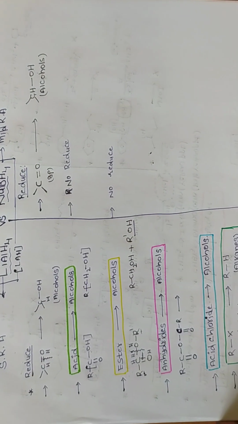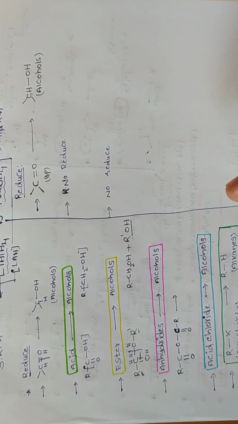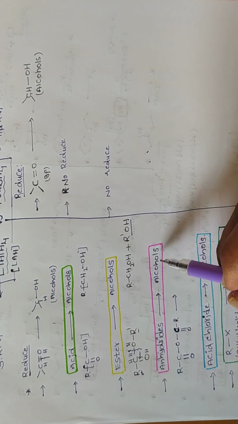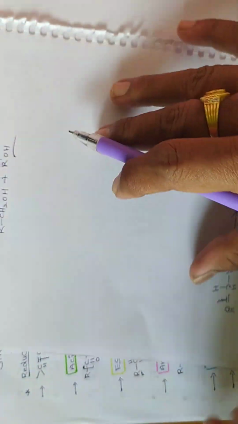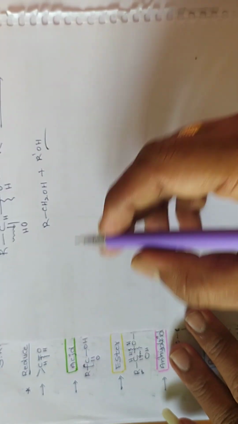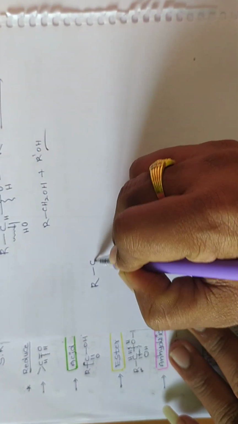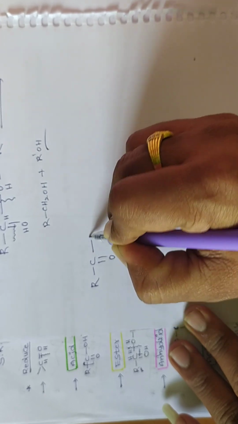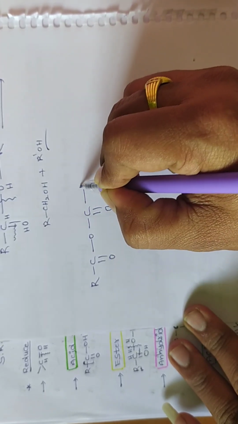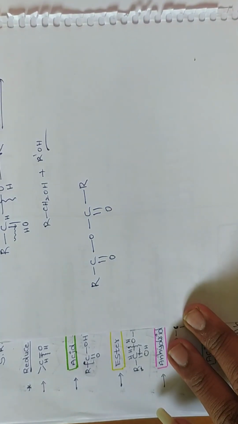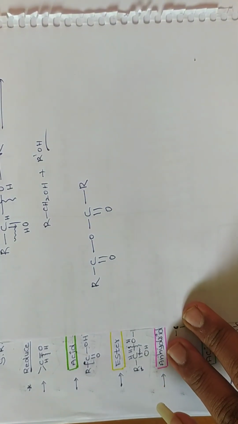Next, anhydrides to alcohols. Anhydrides are converted into alcohols by lithium aluminium hydride. How? Same. What is the simple step? Now this is the anhydride. Alcohols are going to be formed.